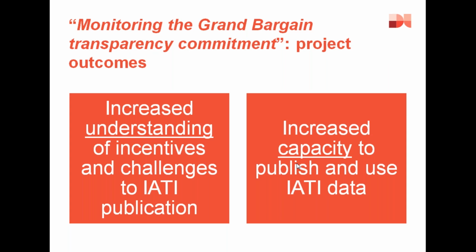Increased understanding of incentives and challenges to IATI publication, and increased capacity to publish and use data. So to achieve these, we'll be working with Grand Bargain signatories to raise awareness of the IATI Standard and understand better the incentives and some of the challenges to publication that we know organisations face, consult on the IATI Standard and ensure that it continues to meet the needs of the humanitarian community, improve technical capacity to publish and use humanitarian aid data with guidance material and bespoke support, and to support signatories in the wider humanitarian community in monitoring progress against the transparency commitment.